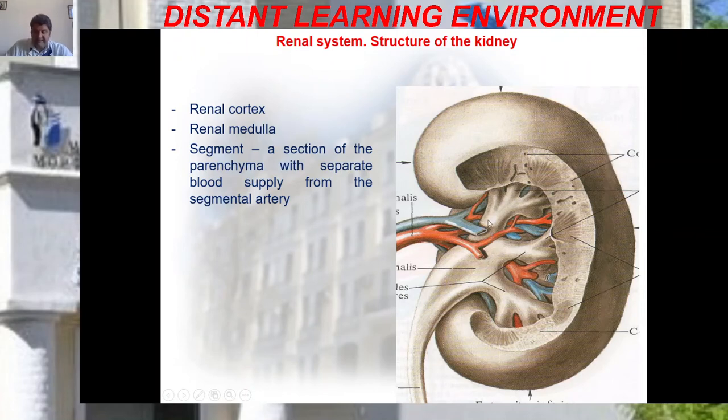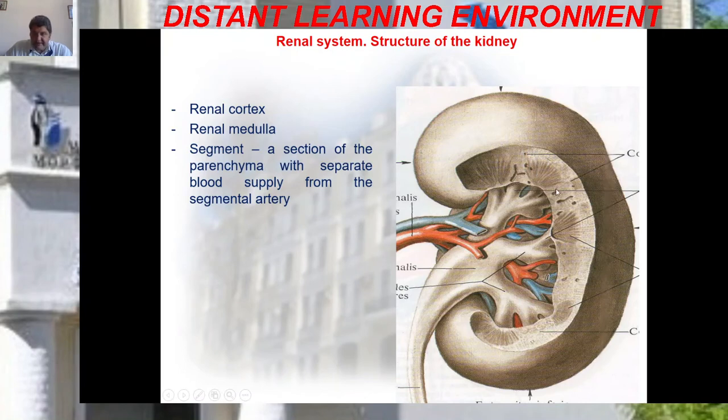Next, we can see cortex and medulla. The cortex occupies the peripheral layer of the organ, and it's about 4 mm thick. The medulla is formed of conical structures called renal pyramids.